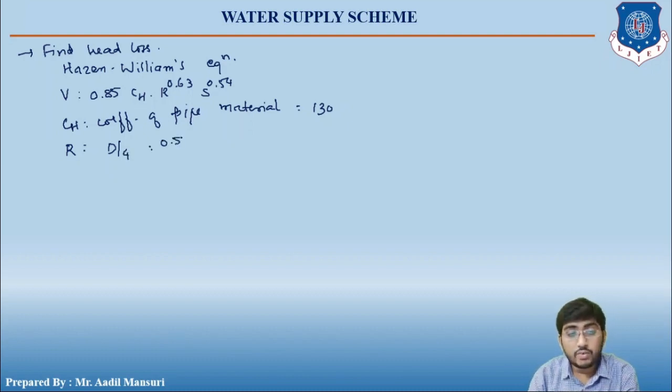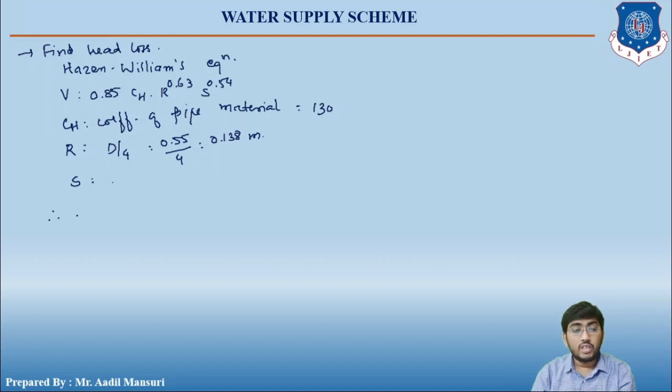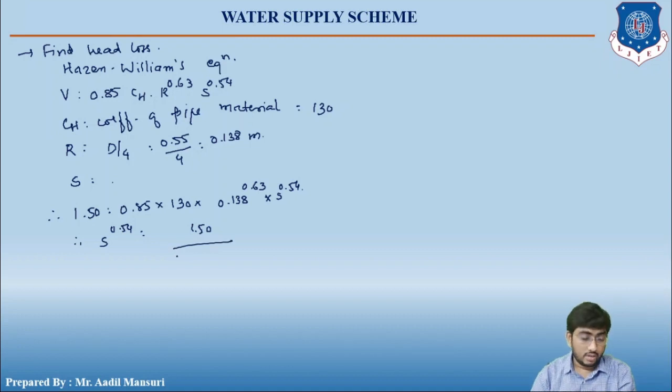We found diameter 0.55, so 0.55 by 4 will be equal to 0.138 meter. And we need to find out the bed slope, which we'll find from this equation. Therefore V is taken as 1.50, which we have assumed, 0.85, CH 130, R 0.138 raised to 0.63, and S raised to 0.54. So by equating, S raised to 0.54 will be equal to 1.50 divided by 0.85 into 130 into 0.138 raised to 0.63.